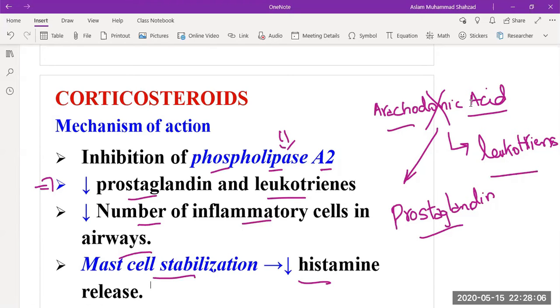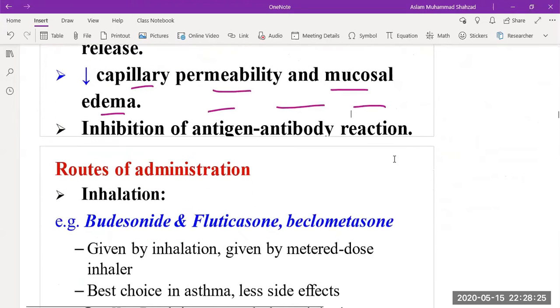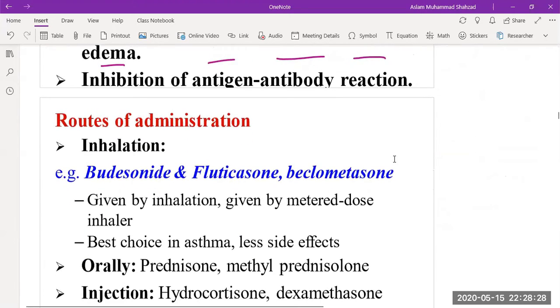So the main thing is that they work as an anti-inflammatory. So what happens? The decrease of capillary permeability and mucosal edema, and then inhibition of the antigen-antibody reaction will occur. How is the drug administered? It is usually administered through inhalation, such as budesonide, fluticasone, and beclomethasone, given by inhalation using a metered dose inhaler.